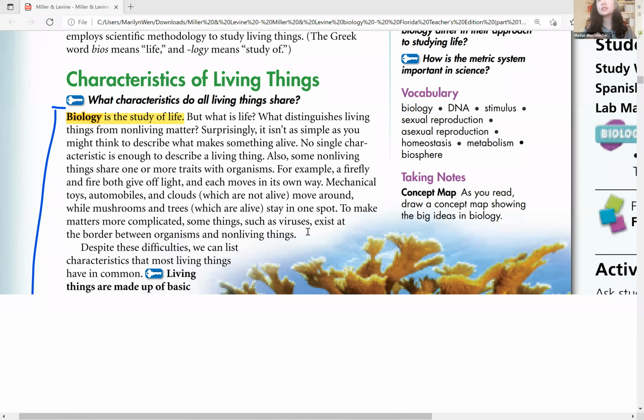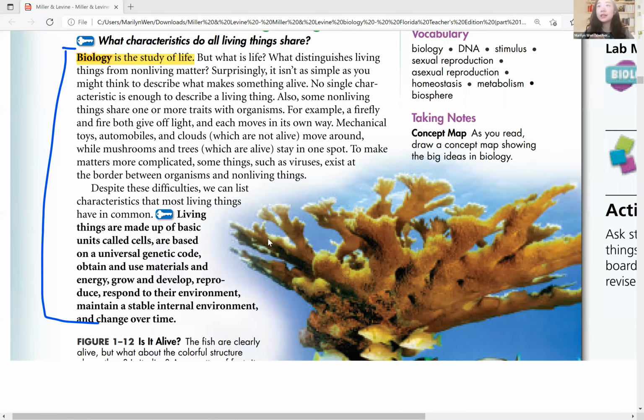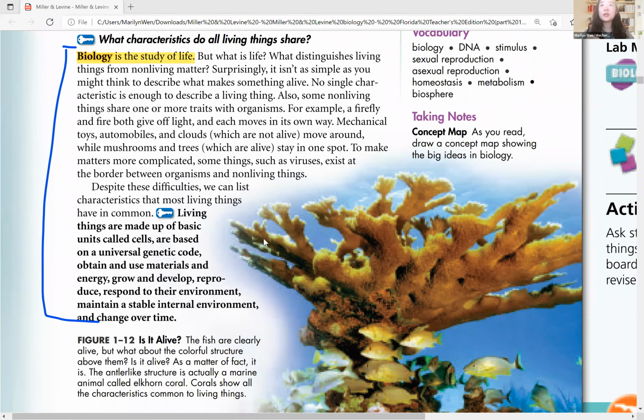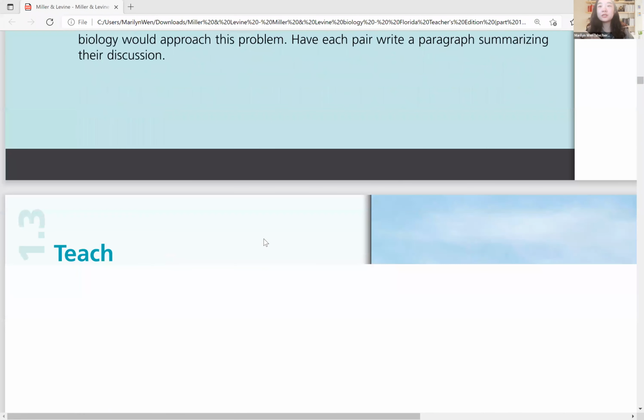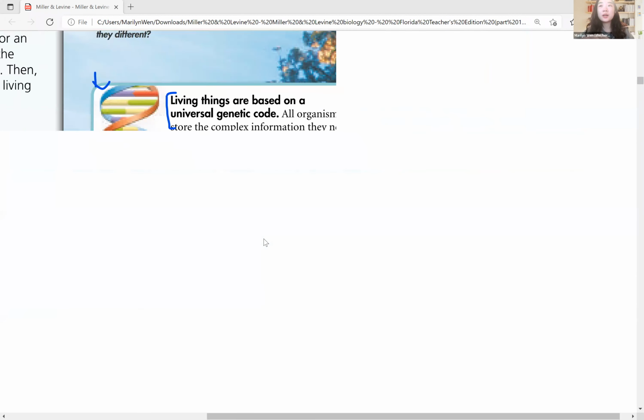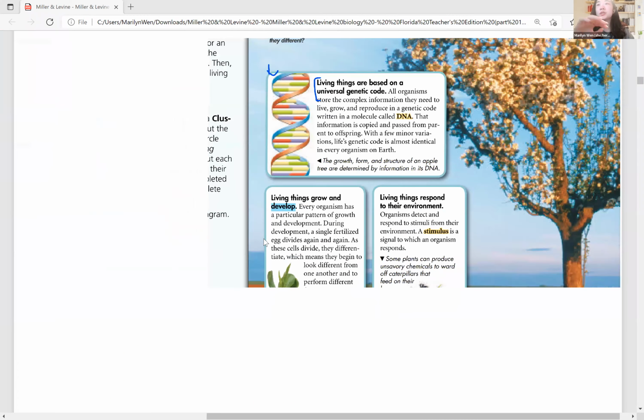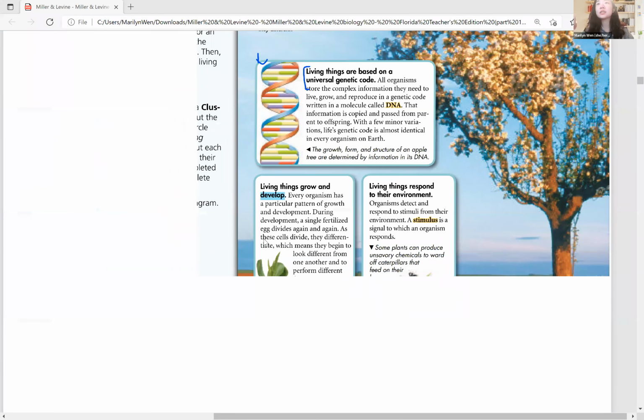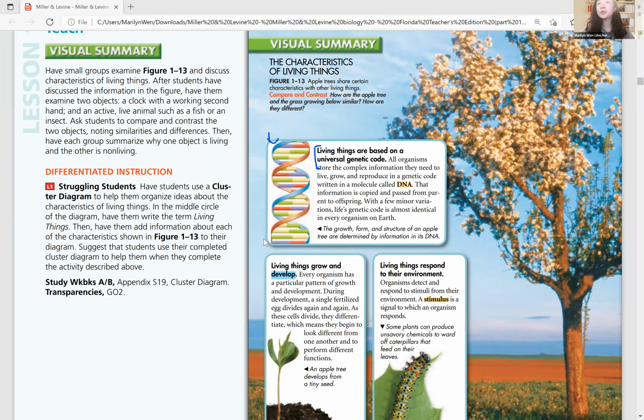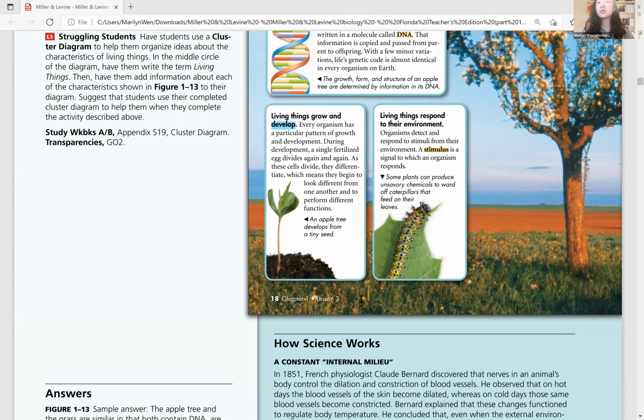What differs something living from non-living? It is pretty hard to define, right? So the textbook attempts to use a few characteristics like DNA, stimulus, and growth and development.